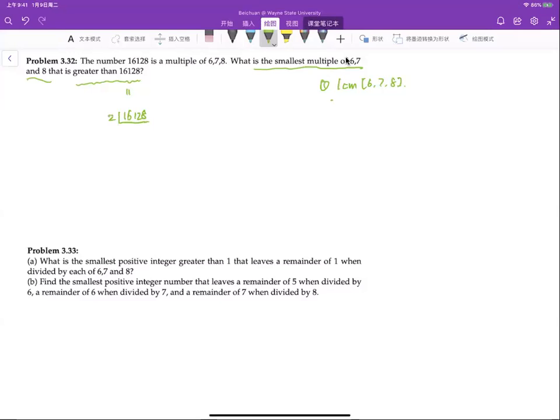So let's see what that is. Let's do it step by step. So that's 8, then 4032. So it's still divisible by 2.